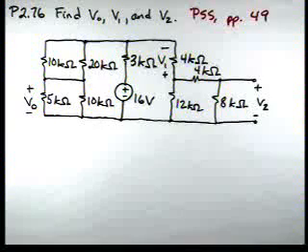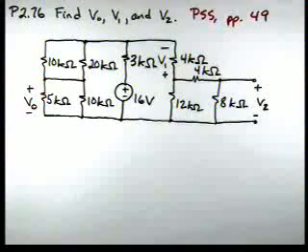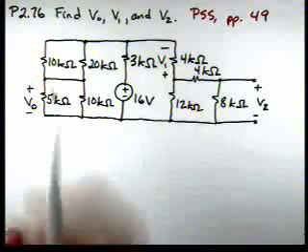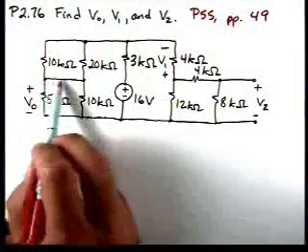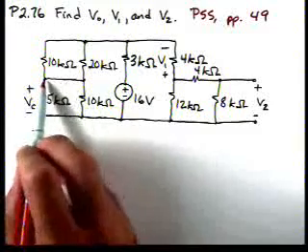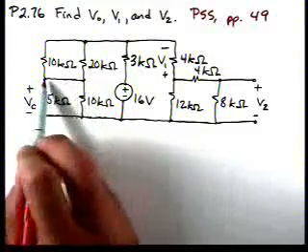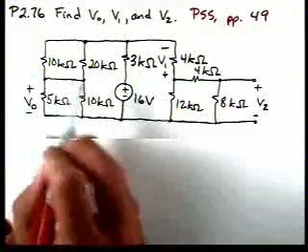So there's our first step. We're going to start reducing the network down. If we look, for instance, this little connection here might give us some concern, but really we could squeeze these 2 points together.